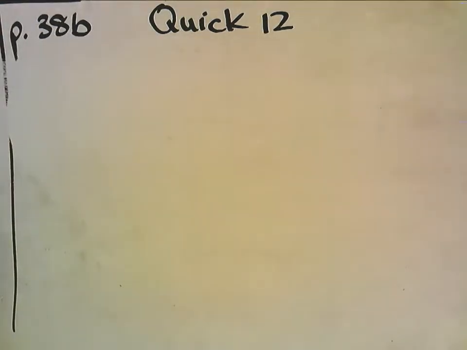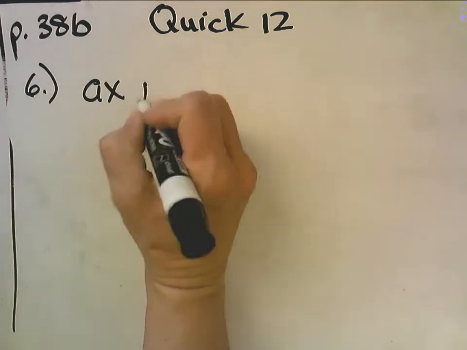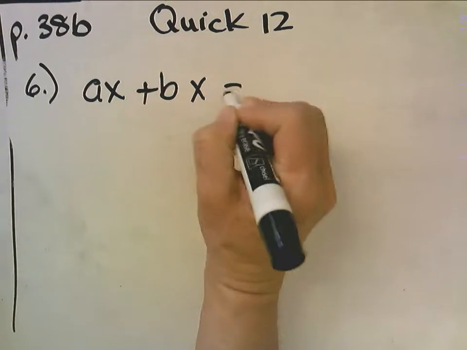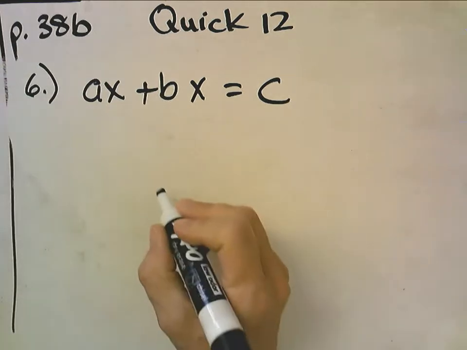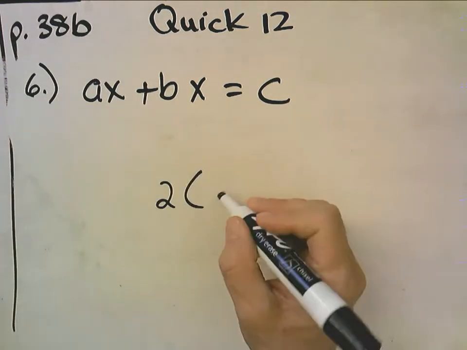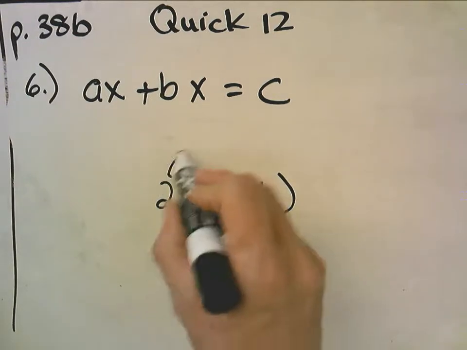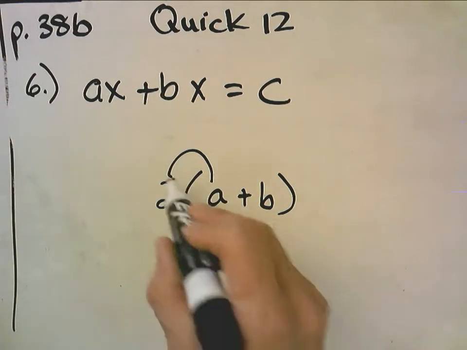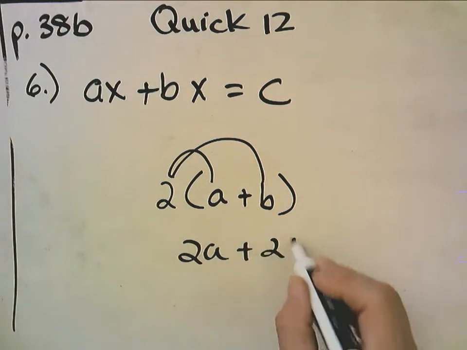Okay. Now this last one is where we learn to kick out grandma. So for those of you who forget what I mean by kick out grandma, let's just look at this example. 2 times a plus b. If I said to you distribute, you would say, okay, I multiply 2 times a, 2 times b, I get 2a plus 2b.